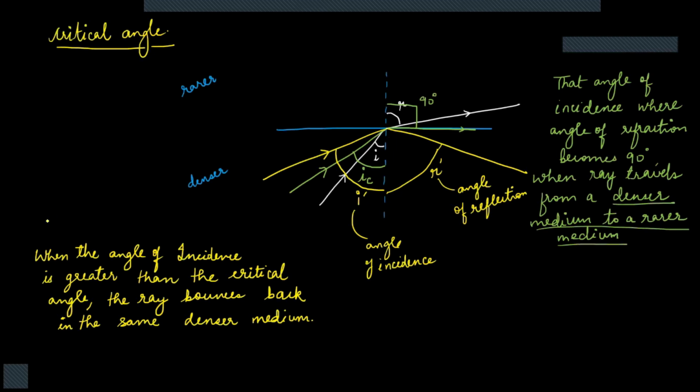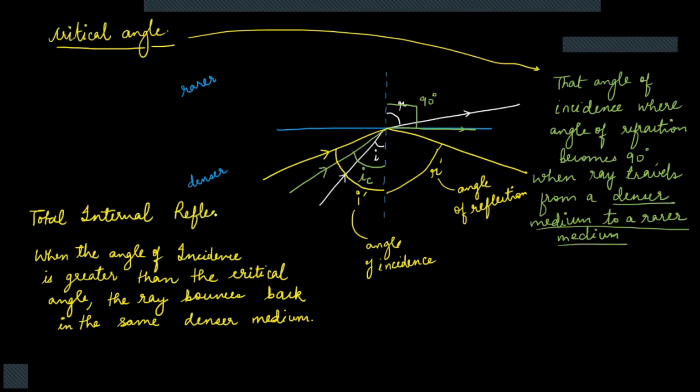So this is the definition for critical angle and this is the definition for total internal reflection.